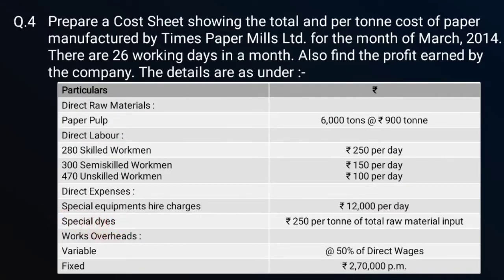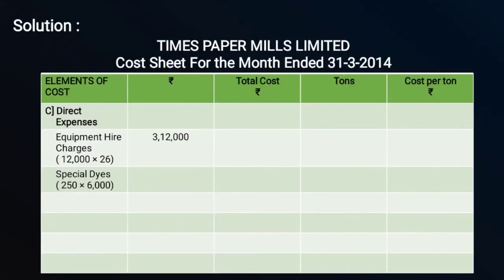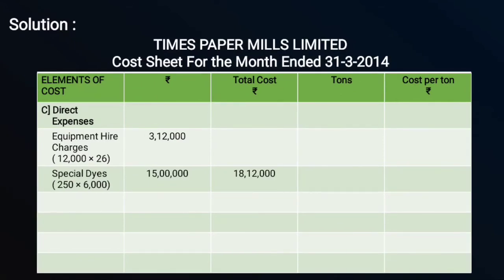Next, special dyes, rupees 250 per ton of total raw materials input, which will be 250 into 6,000. So the total amount will be 15 lakhs. So the total cost of direct expenses is rupees 18 lakh 12,000. Tons is 6,000 and cost per ton is 302.